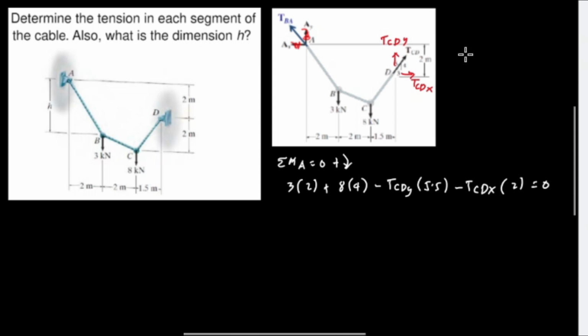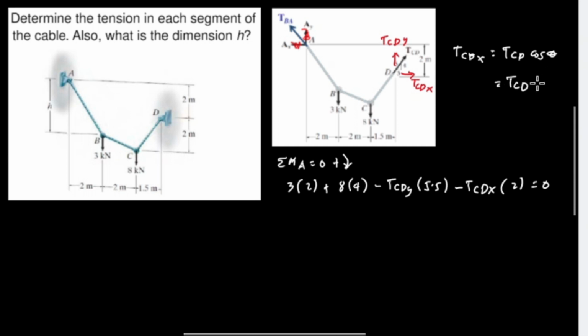To find the values of TCDX and TCDY, we use ratio and proportion. TCD of X is the horizontal component, so that's adjacent over hypotenuse, that's cosine, or TCD cosine theta.